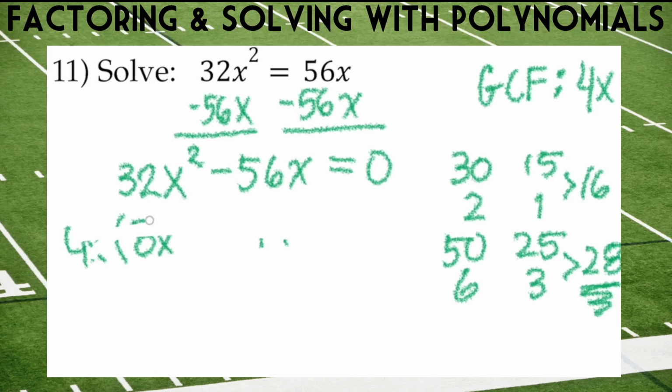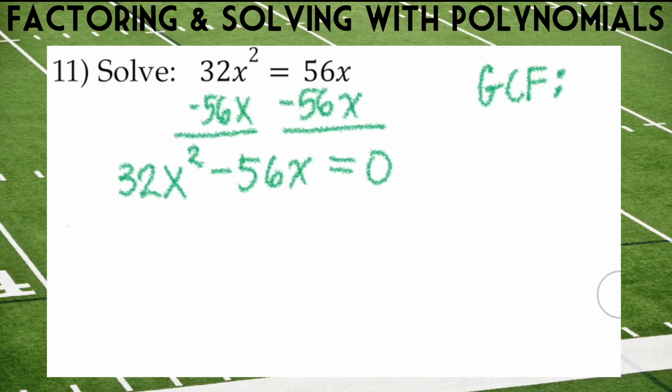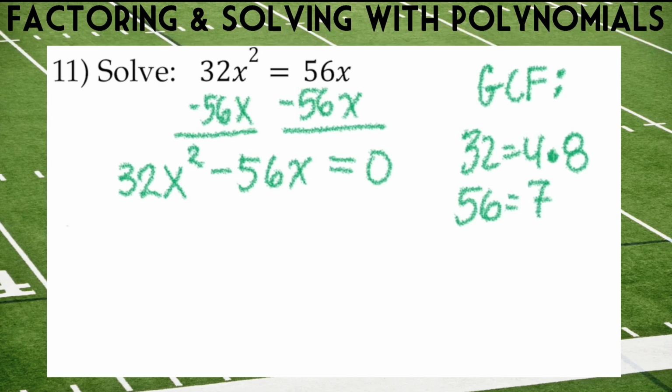So if you saw right away that 8 looked like a better GCF, then you are a superstar, right? So you want to make sure you're doing that, okay? So we should know that 32 is equal to 4 times 8, and that 56 is equal to 7 times 8, okay? So if you know that, it's going to help you out.